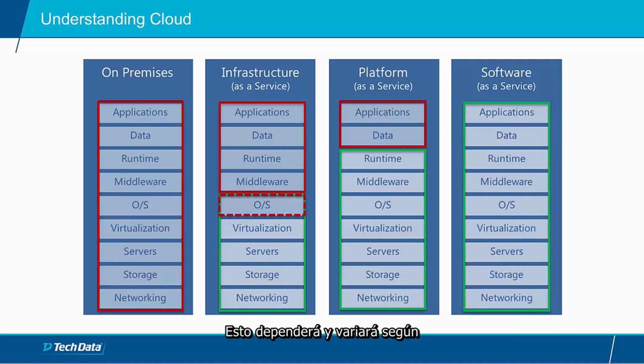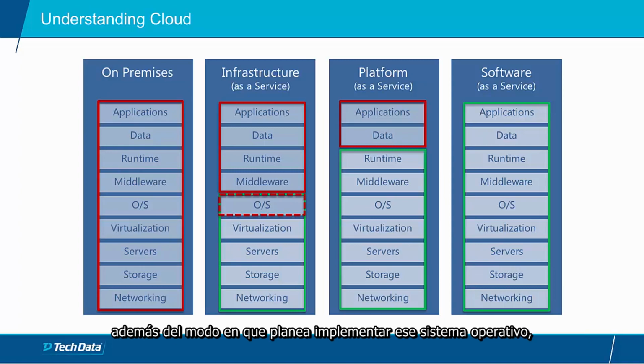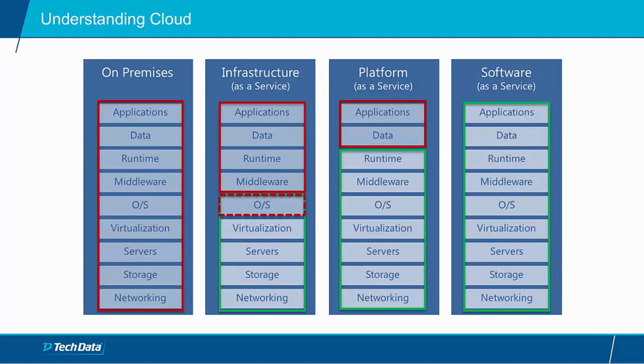This will depend and vary based on the licensing agreements and the chosen operating system type that you've decided to deploy, as well as how you plan to deploy this operating system, like in a shared environment or a multi-tenant environment, or if you decided to deploy in a dedicated environment where you're actually renting an entire physical server or data center.